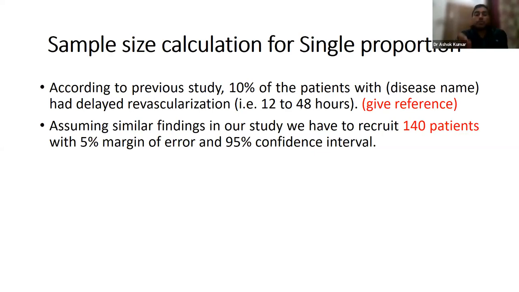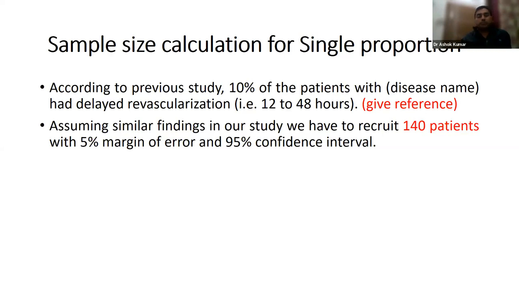So from which study we took this 10% of patients with TB or glaucoma who had this delayed revascularization. Delayed revascularization is our primary outcome of interest. So how many patients? 10% of the patients. So it is a qualitative, categorical type.